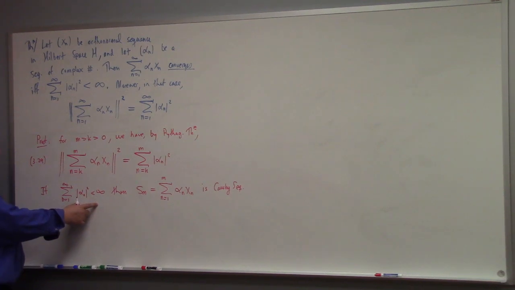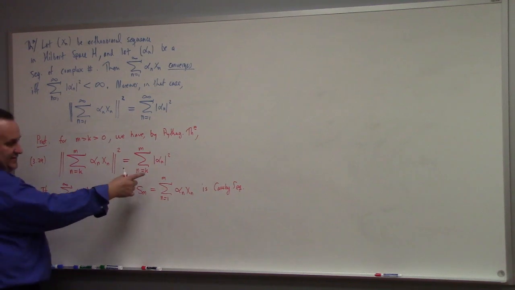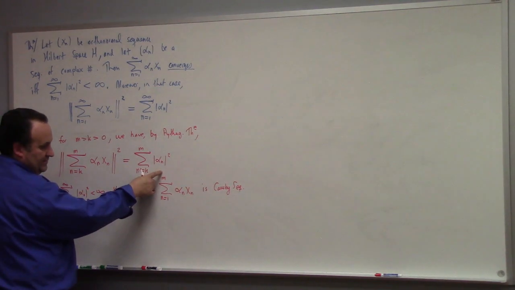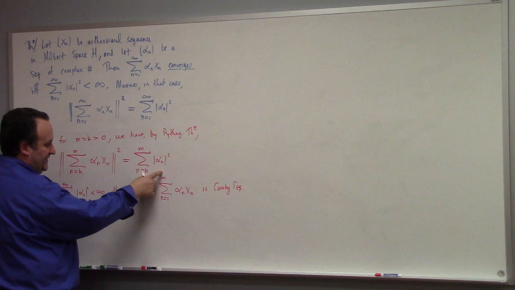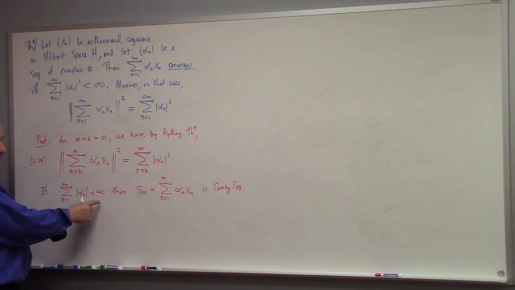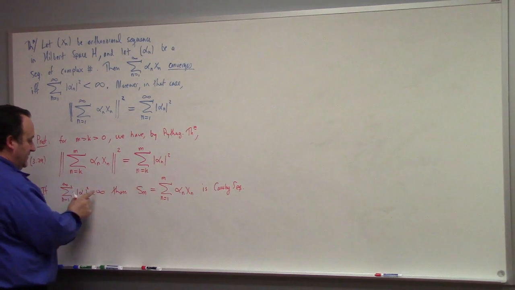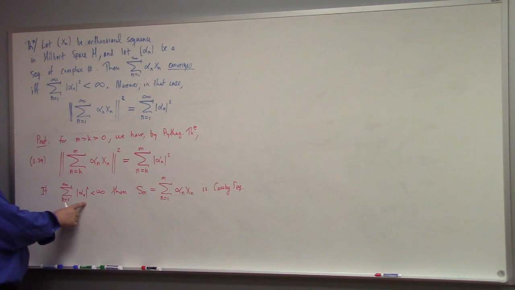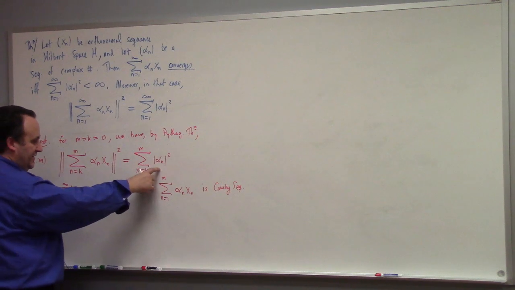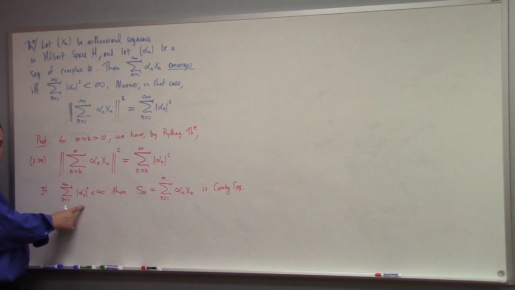We're getting there. This is finite, right? Which implies that this is, what does that say about this? This is the tail of this series. So what you're looking at right here is the mth partial sum of a tail of this series.